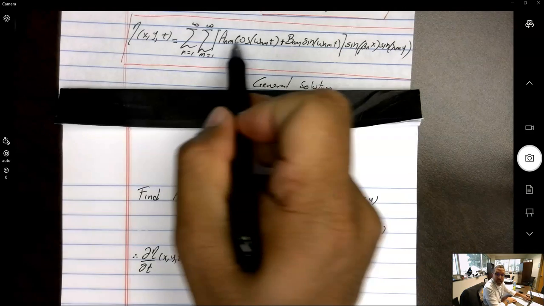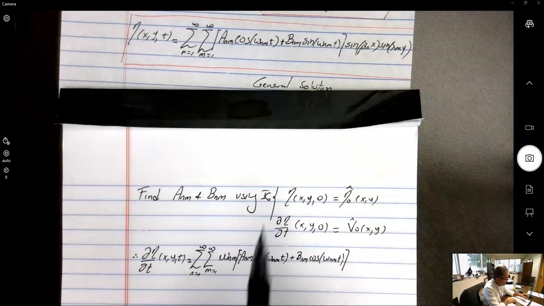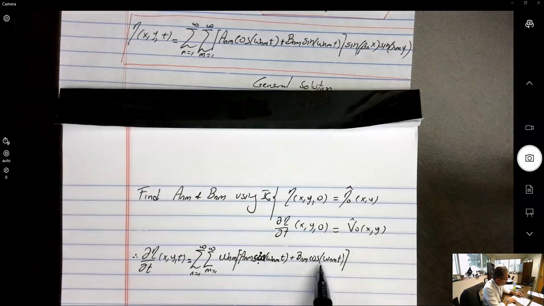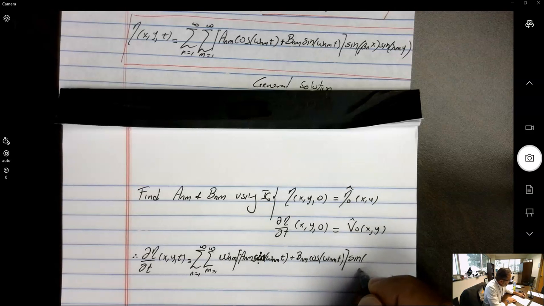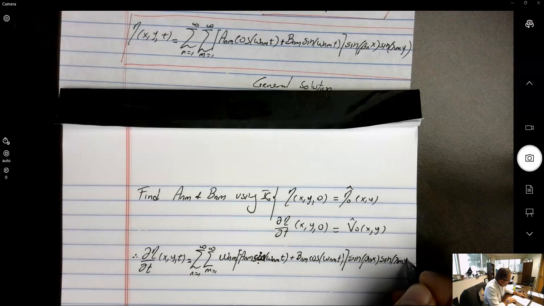I'm just differentiating this with respect to time. So the derivative of the cosine will be minus the sine. The derivative of the sine will be plus the cosine. Sine beta_n x sine lambda_m y.